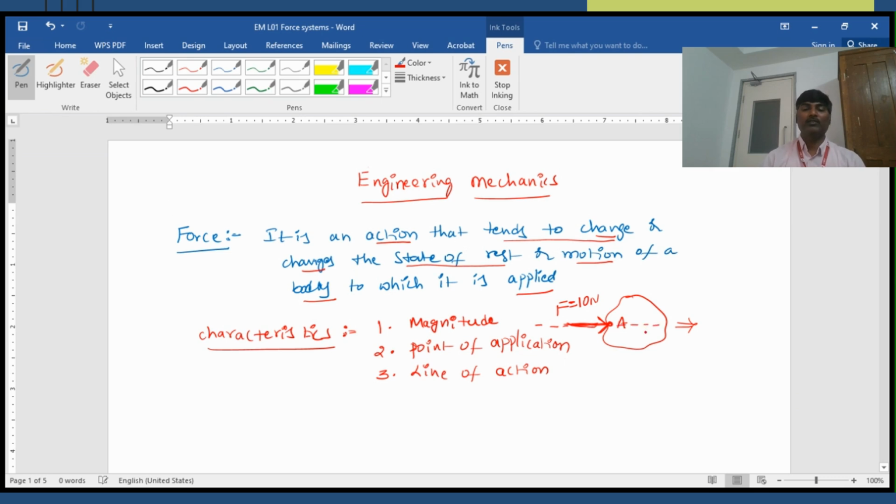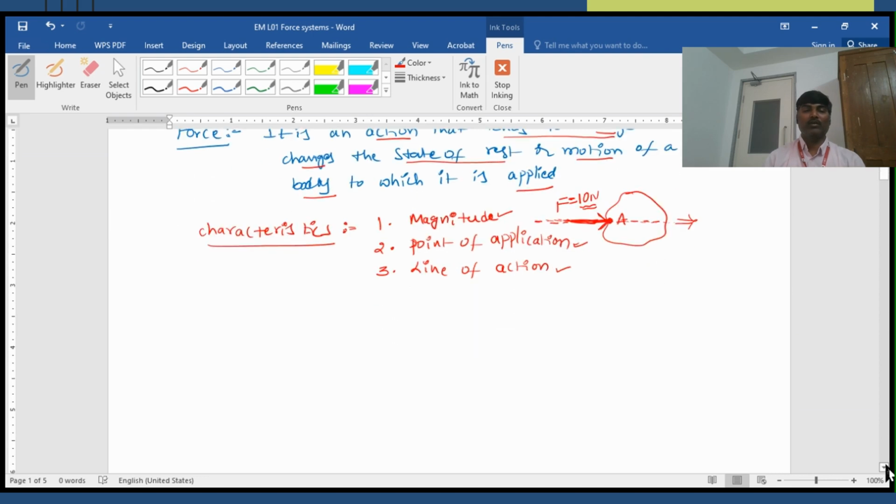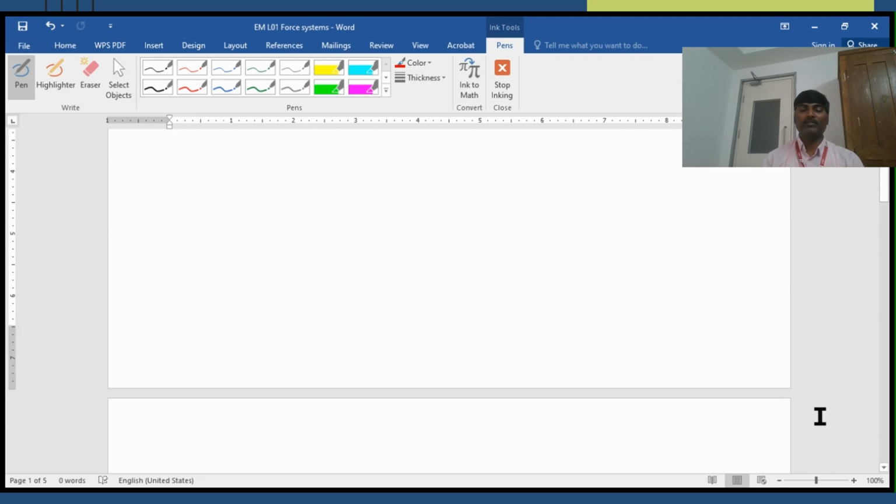Okay, so 10 newtons is magnitude, and the point A where the force is being applied is point of application, and this line through which the force is acting is called line of action. Okay, so this is complete information regarding what is force and what are the characteristics of a force.